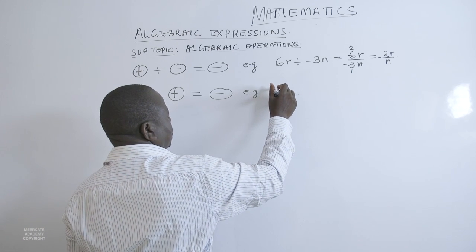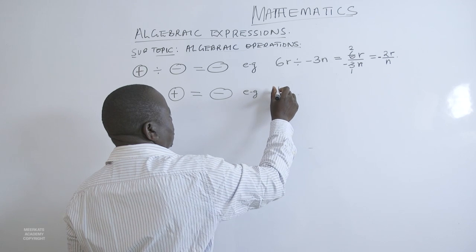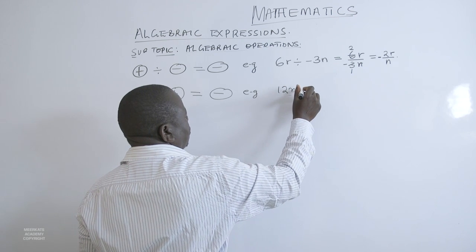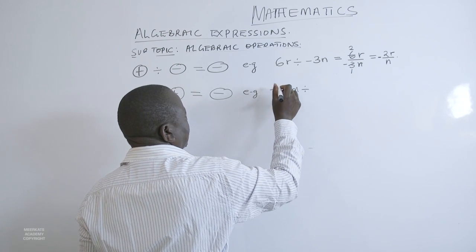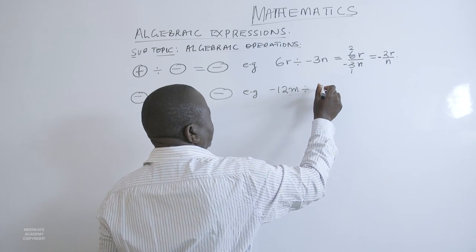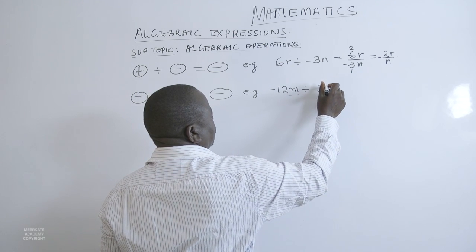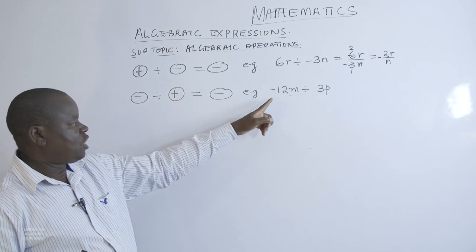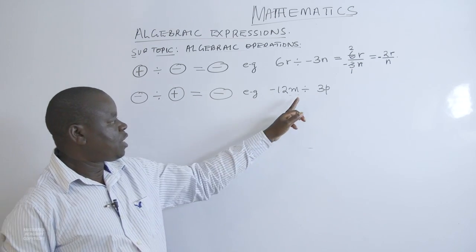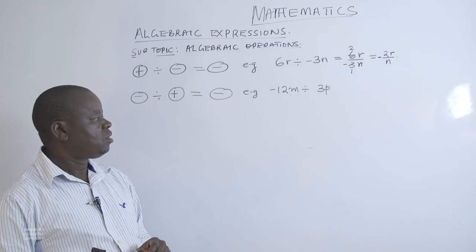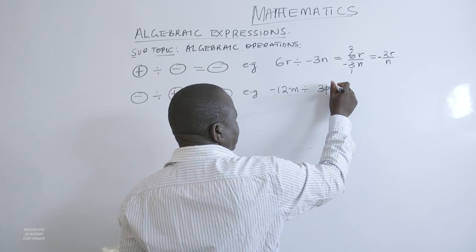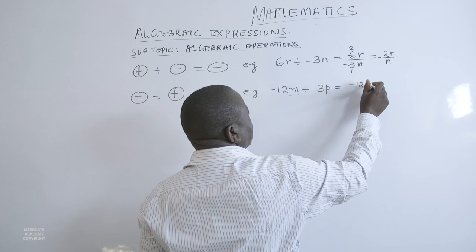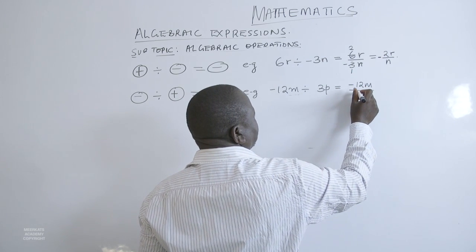We have 12m divided by 3p, minus 12m divided by 3p. Follow the same procedure. Minus 12m divided by 3p.